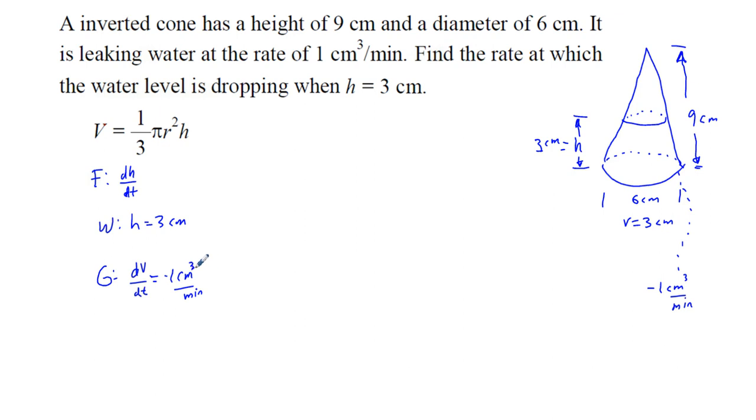Okay, now we're also given, as far as the shape of the cone, the height of the cone is 9, and the radius is equal to 3, and these would be centimeters in both instances. And we're given our equation, and typically for this type of problem, they'll actually give it to you on the test.